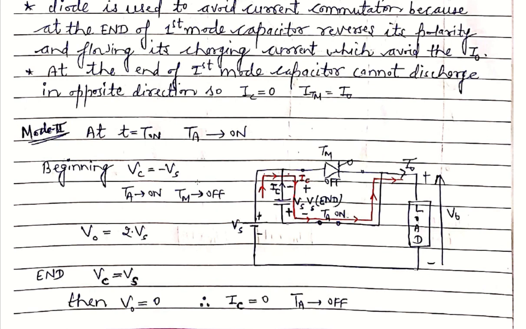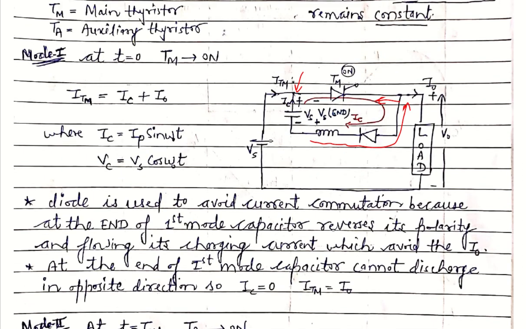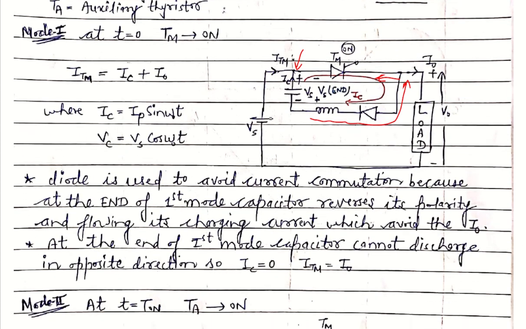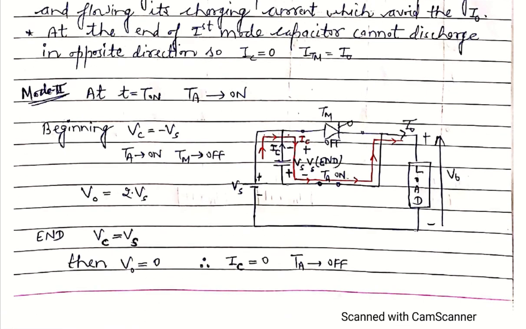At the beginning, the capacitor polarity is the same as we ended with after the first mode: minus plus is the polarity of the capacitor voltage. So Vc equals minus Vs at the beginning of this second mode, and at the end of the second mode this polarity reverses further to plus minus.